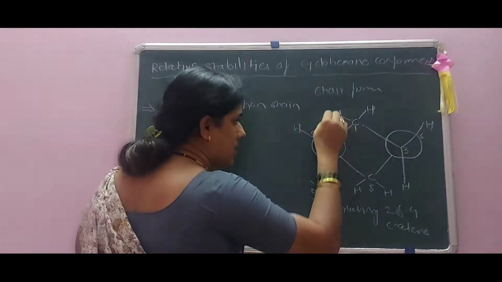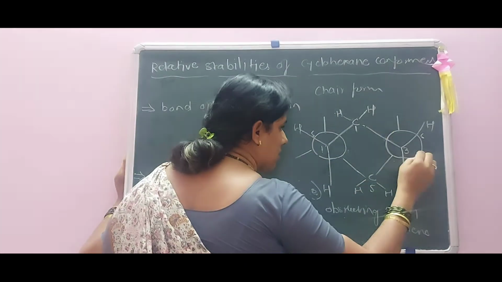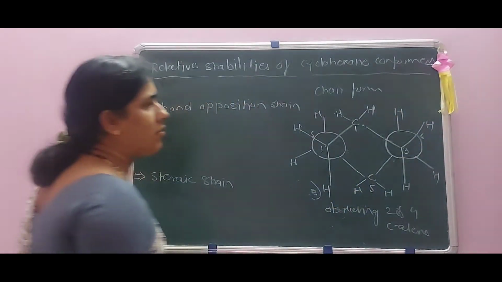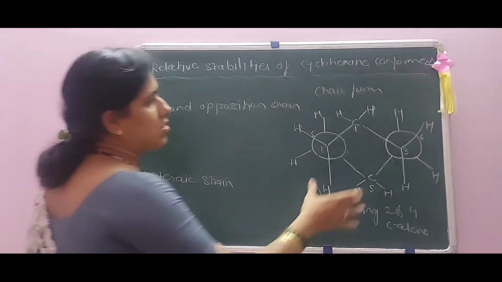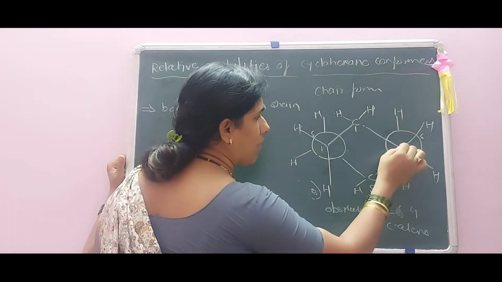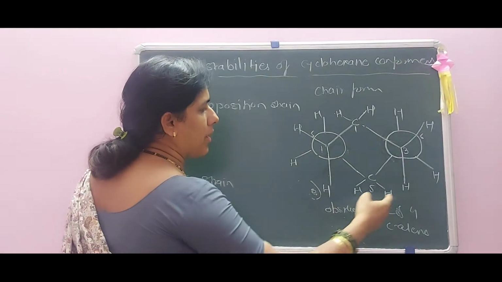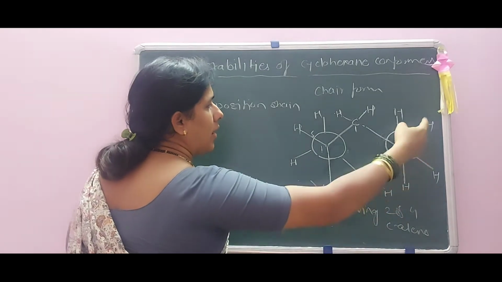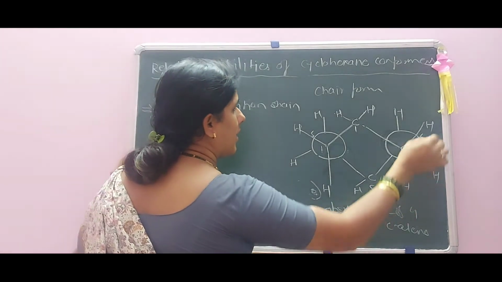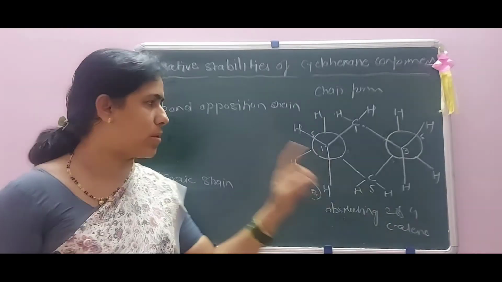Now confirming this, we have to draw this H and this H here also. Therefore, all the conformations of cyclohexane are correct. That is 1, 2, 3, 4, 5 and 6 here. How many hydrogens are there? 4 plus 4 here, 10, and 11, and here 4 carbon atoms are absent.